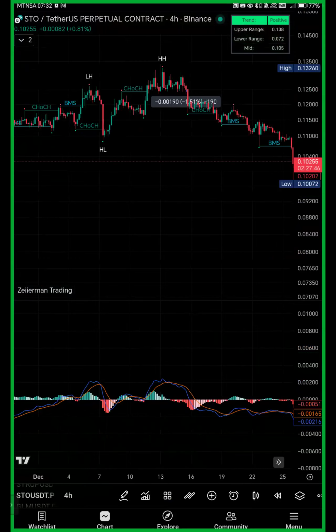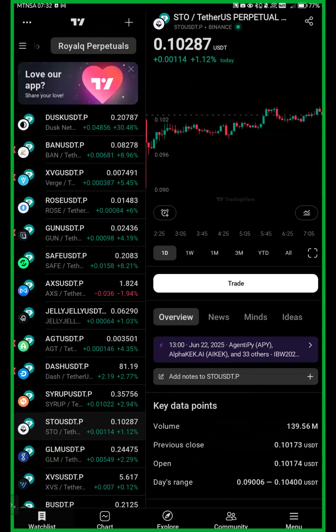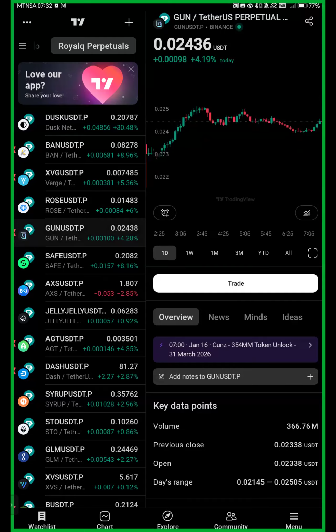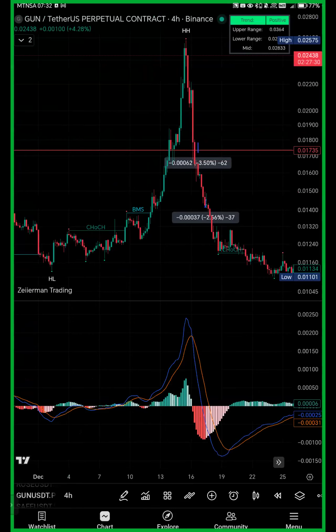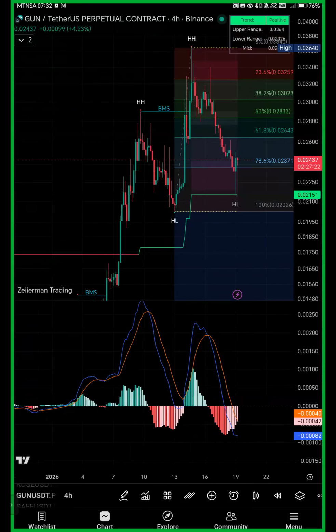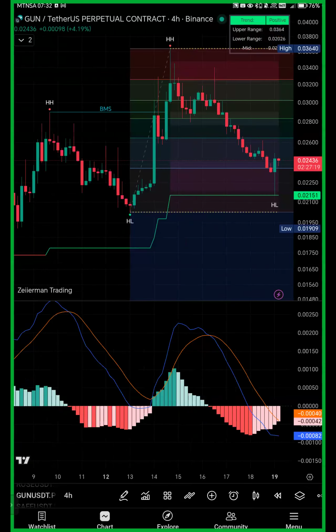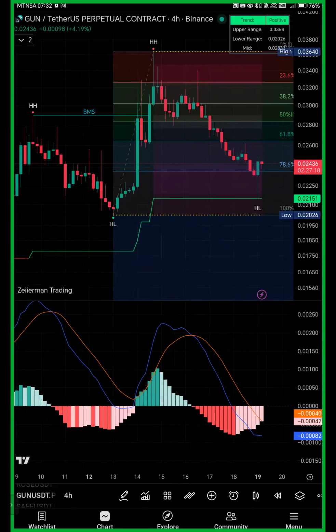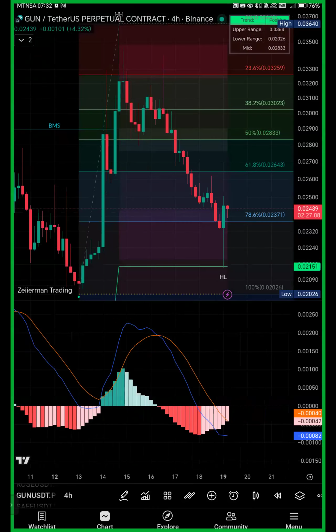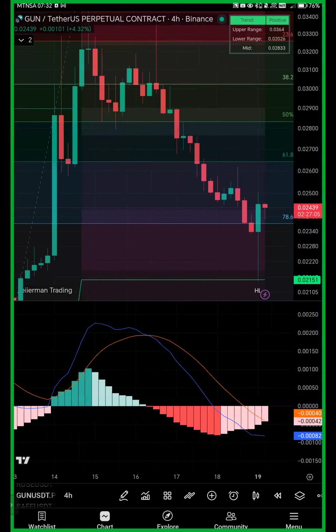Which other coin went high up recently and is on the verge of going down? Let me check GAN. This one can work well as a shooting star. This one over here. Yes, let me use this one.